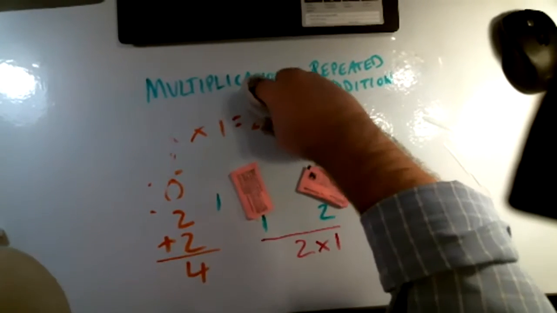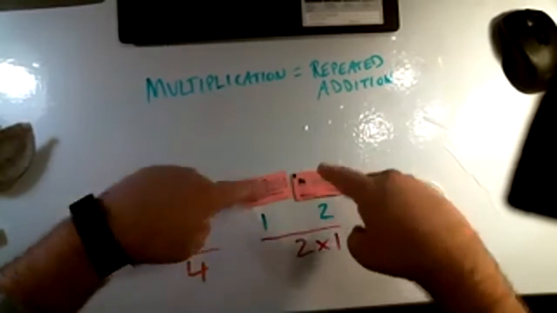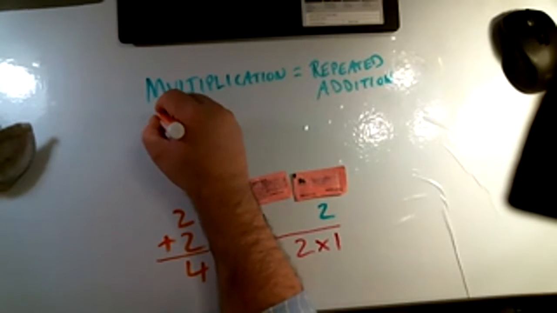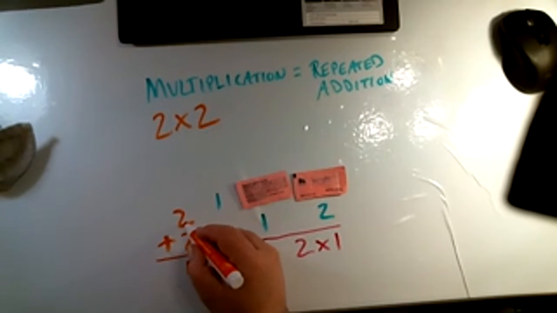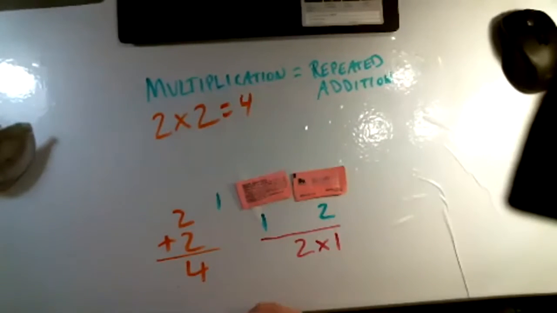Okay, so let me erase this here. So now we still have our one row and our 2 columns. And now we have 2 plus 2, and that means we used 2 and we used it twice. So 2 times 2 equals 4.